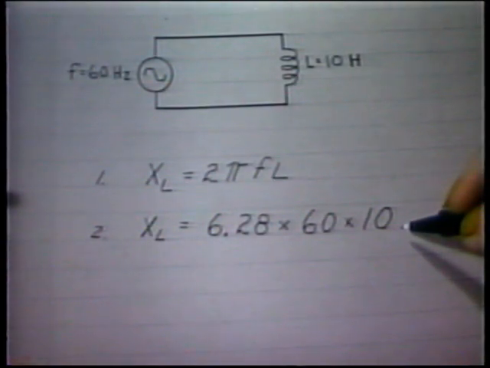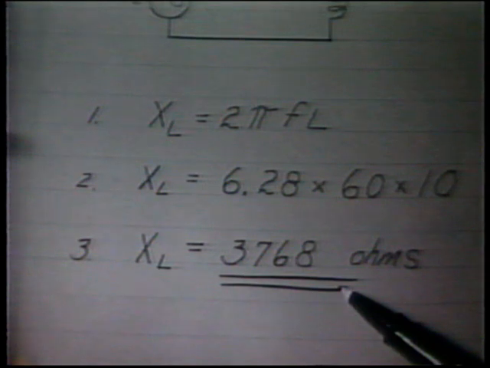Substituting the values in the basic formula for inductive reactance, you obtain XL equals 2 pi FL. XL equals 6.28 times 60 times 10. Solving the equation, the inductive reactance equals 3,768 ohms.